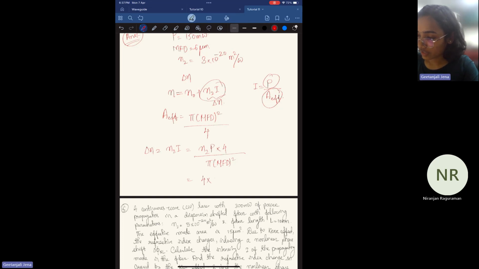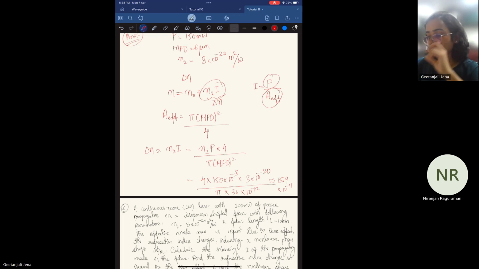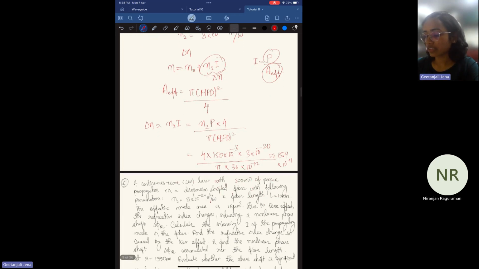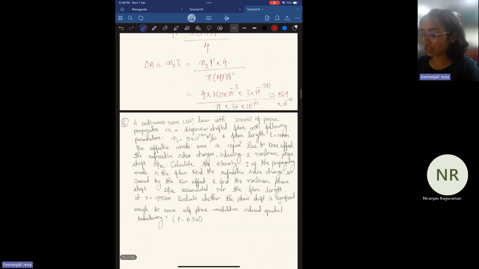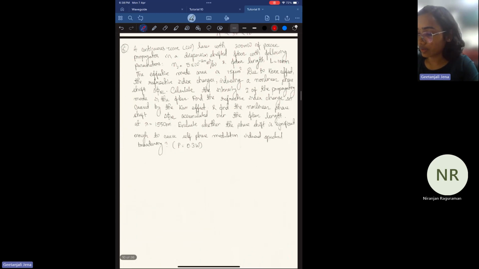So 4 into power, which is 150 microwatt, and n2 is 3 into 10 to the minus 20, divided by pi into the 6 micrometer squared, which will give 36 into 10 to the minus 12. So this will come to around 15.9 into 10 to the minus 11. Okay, that means this can be solved by you. So let us move to our next problem.